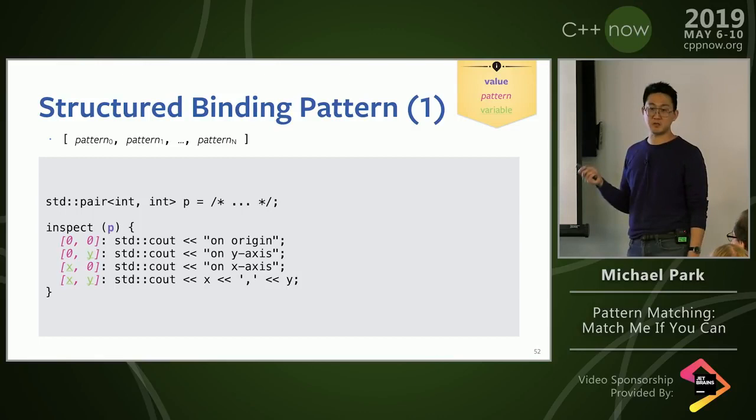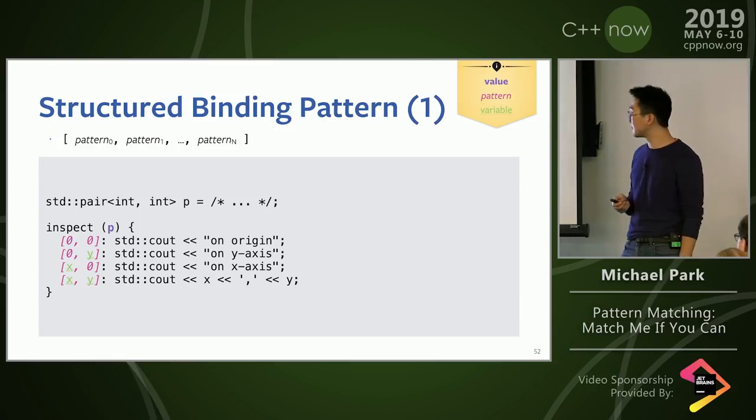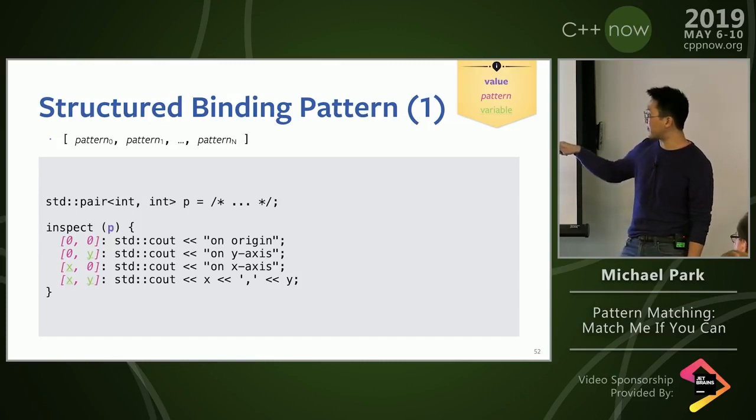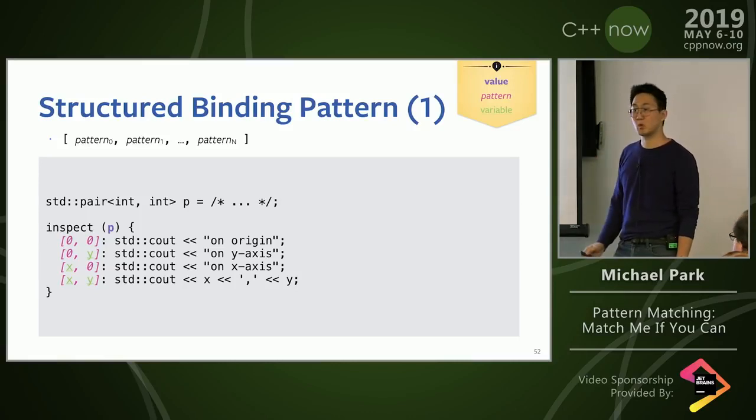Multiple patterns can match, and the first one will win. Because 0, 0 matches all four of those, but it's the first one because it's listed first. In this particular case, the fourth pattern of x, y would match any value, but because 0, 0 comes first, that'll match first.